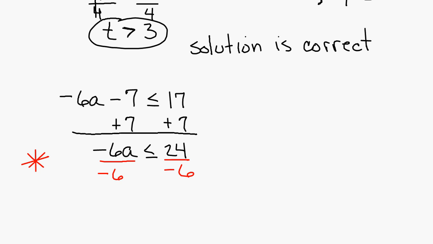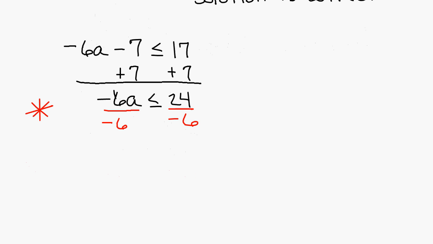When that happens, when you divide both sides by a negative, you have to change the direction of the inequality. So these 6's will cancel. Your a will fall down. The direction of this inequality has to change. And 24 divided by negative 6 is negative 4.